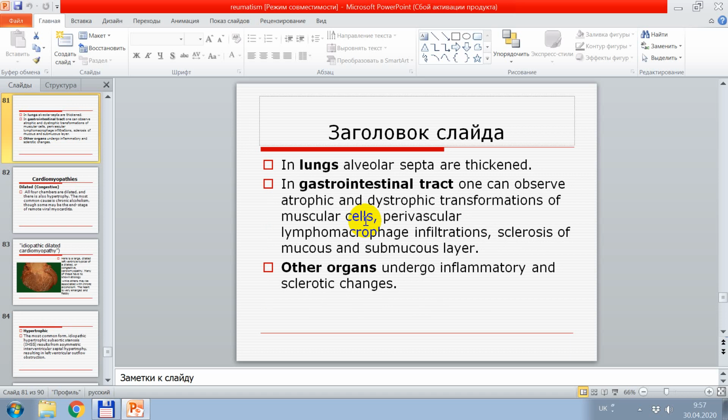In the gastrointestinal tract, one can observe atrophic and dystrophic transformation of muscular cells, perivascular lymphomacrophage infiltrations, sclerosis of mucous and submucous layer. Other organs undergo inflammatory and sclerotic change.